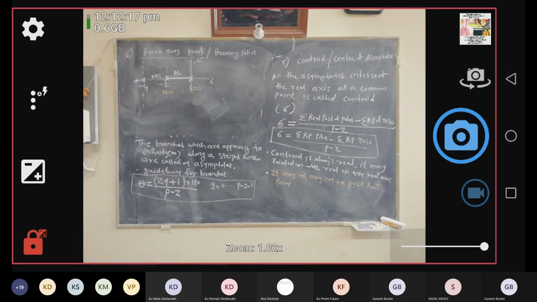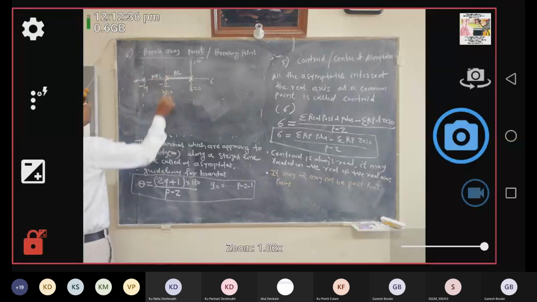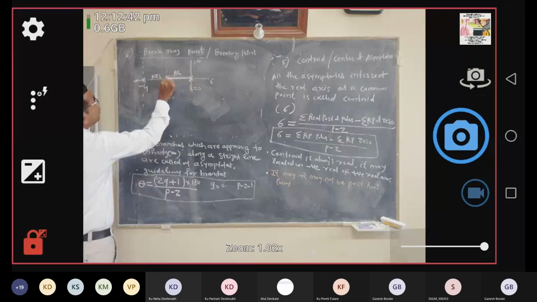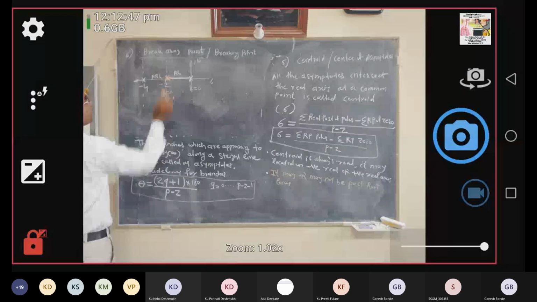So one branch starts from here, one branch starts from this pole at K equal to 0. When you vary the value of K to 0.1, 0.2, 0.3 like this, root locus branches always follow the part of the root locus. Your root locus may not travel in this direction because this section is a part of the non-root locus, so it moves along the section of the root locus.